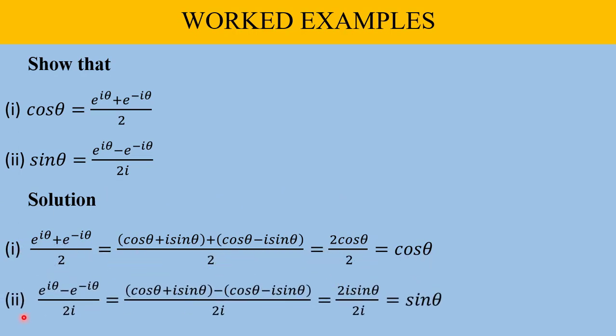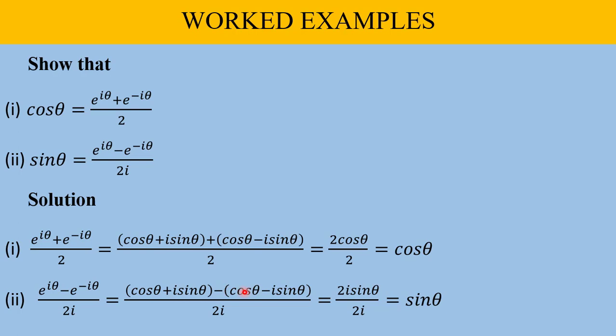Then Roman 2, e power I theta minus e power minus I theta over 2I. This is the same as to say cos theta plus I sin theta, then minus cos theta minus I sin theta. We divide everything by 2I. We go ahead and remove the brackets.